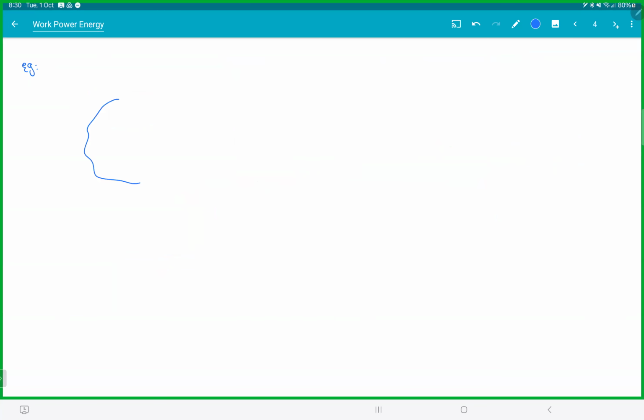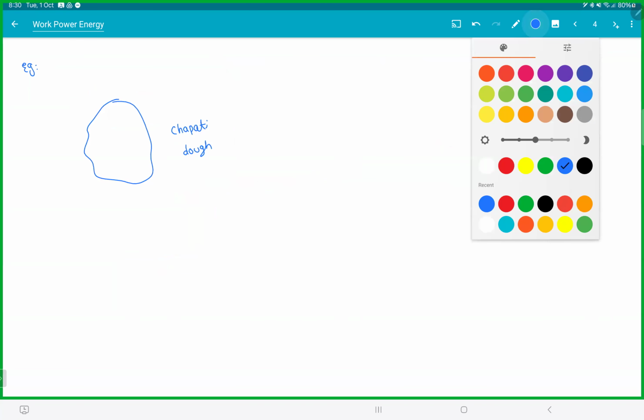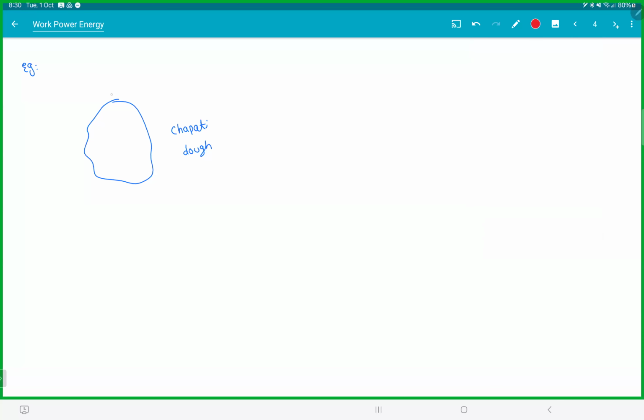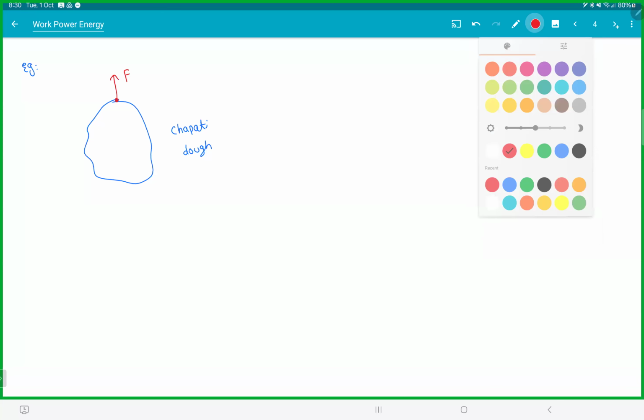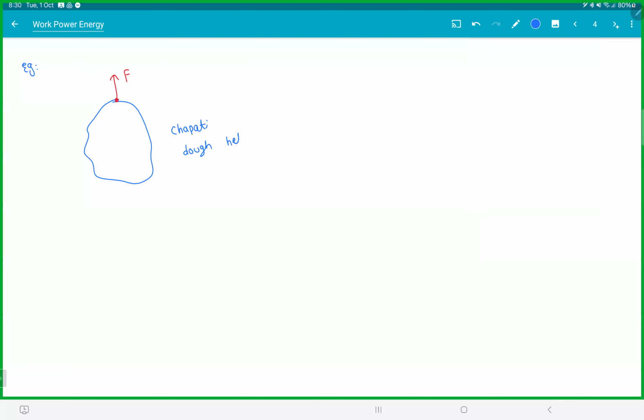Let's say we have your chapati dough, and you're holding it by applying a force F. Now, when you're holding it, after some time, this chapati dough will start stretching.